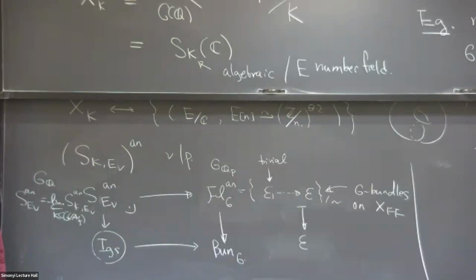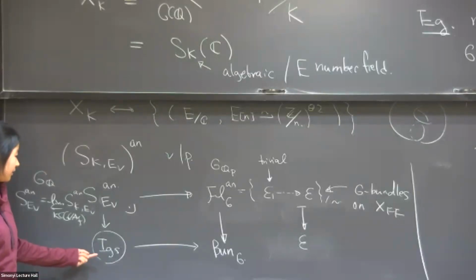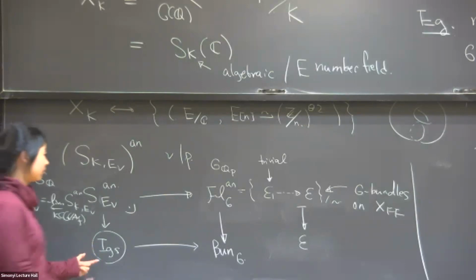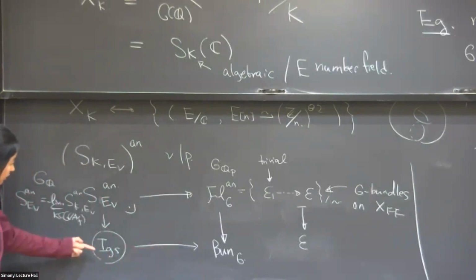You said you're interested in some homological vanishing applications. I was just wondering, does it make sense to talk about the cohomology of this Igusa stack, and can you say something about it? Yes, it makes sense to talk about it. Just the Igusa stack itself? Yes, this question makes sense. The way you study it by this picture is that, imagine you want to study the cohomology with F_l coefficients.